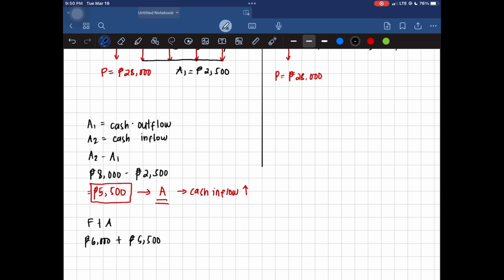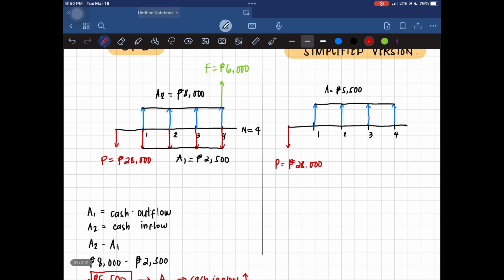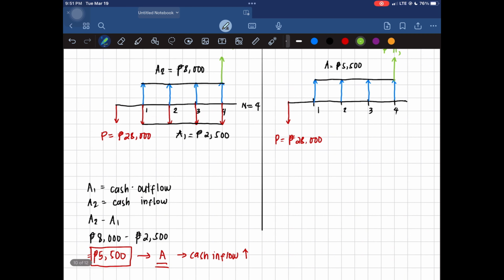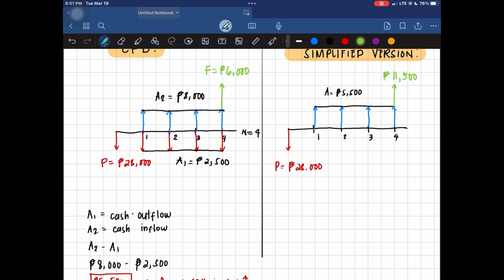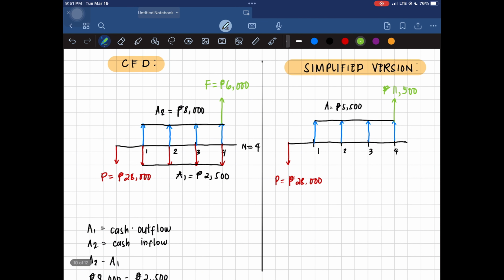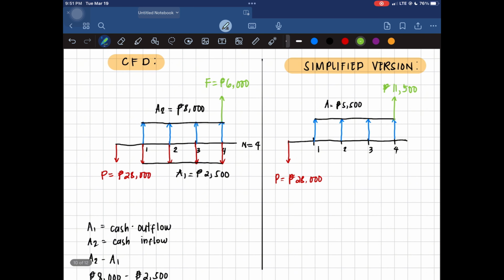So this will be equal to 11,500 pesos. So this 11,500 pesos amount will be placed here in the fourth year. So that's it. This is our simplified version of our cash flow diagram.